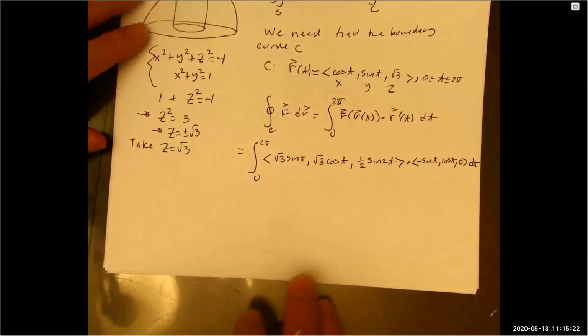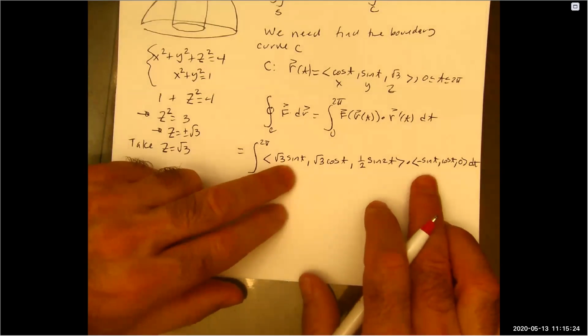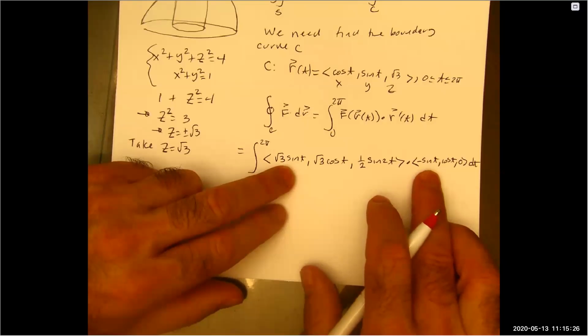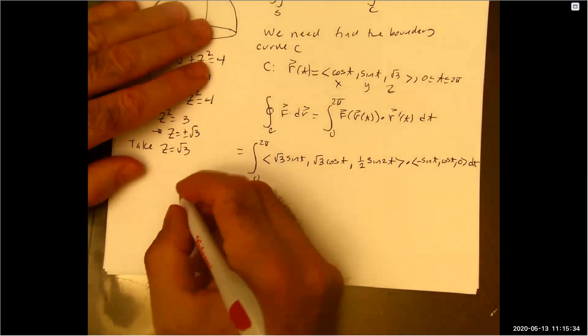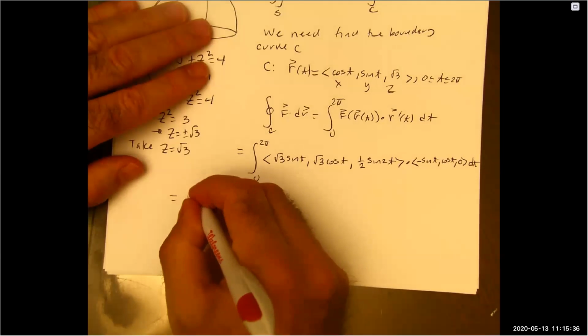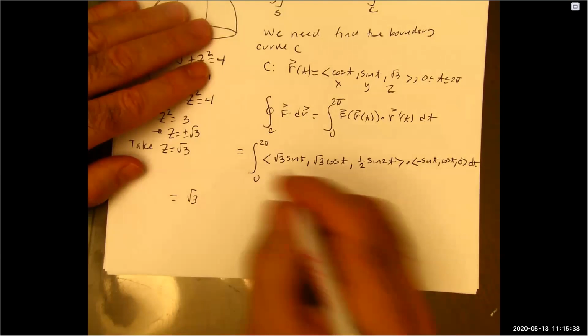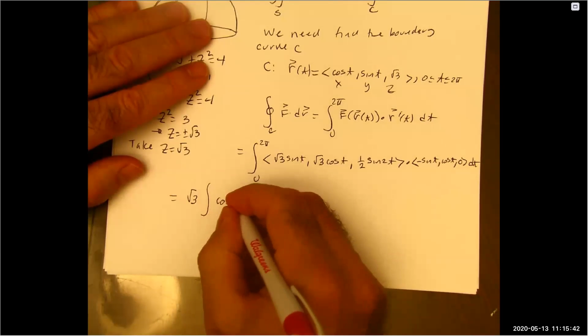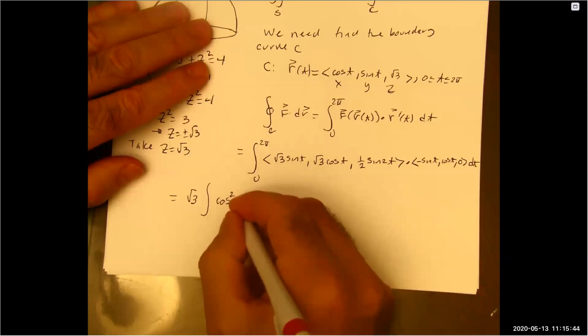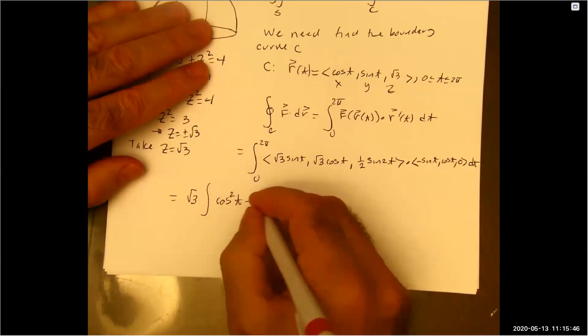All right, so when we dot this, we're going to get minus root 3 times sine squared. And then we're going to get root 3 times cosine squared and then 0. So this is going to give me root 3 times cosine squared of t minus sine squared of t.